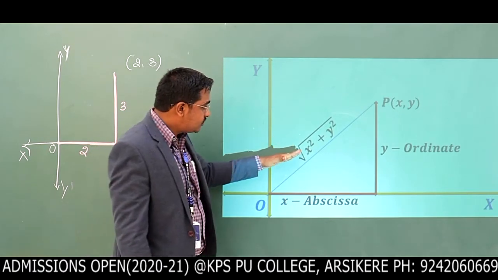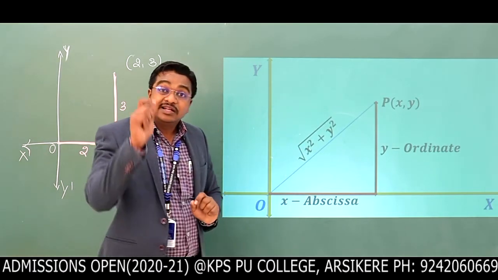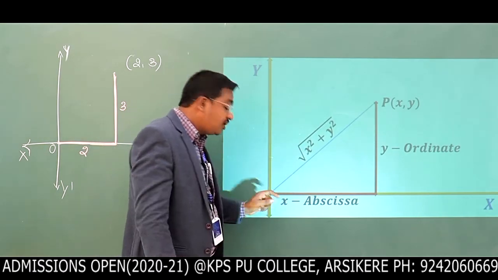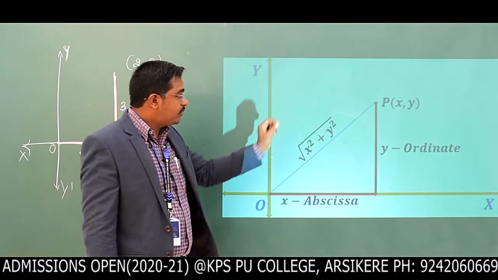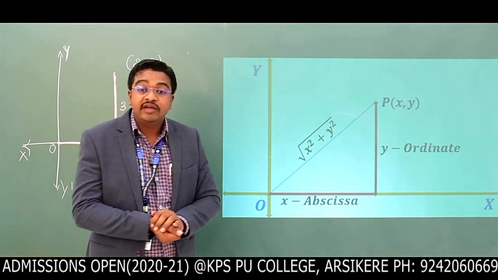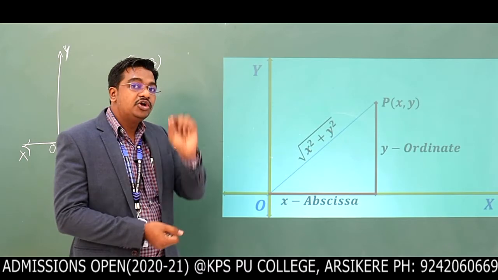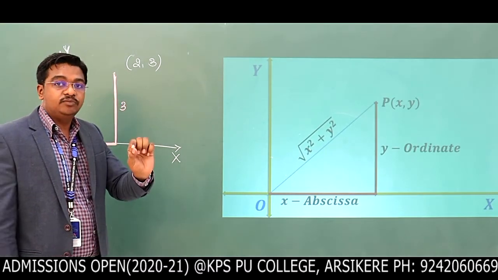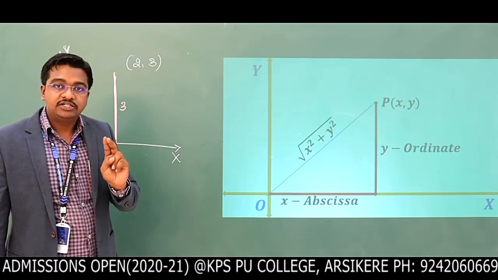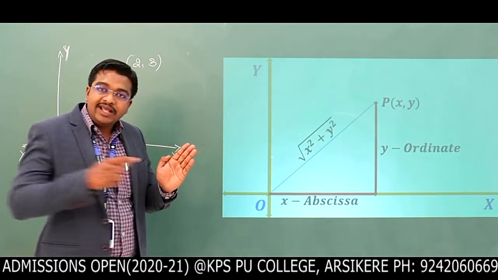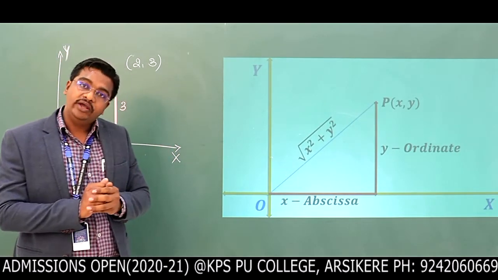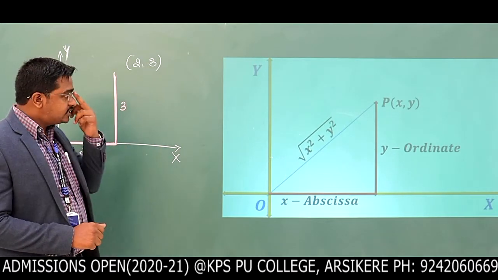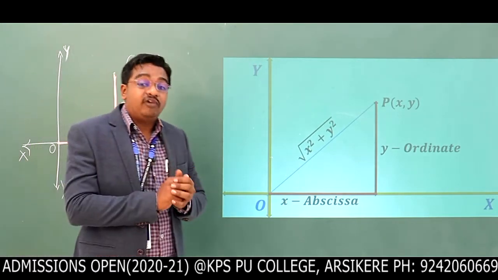So that is the square root of x square plus y square, the distance of the point P from the horizon. So to reach any point in the coordinate plane or two-dimensional geometry, we have to take two-way direction. One starts with the horizon along the x-axis, then parallel to the y-axis. Understood? So next we are moving to the important formulas.